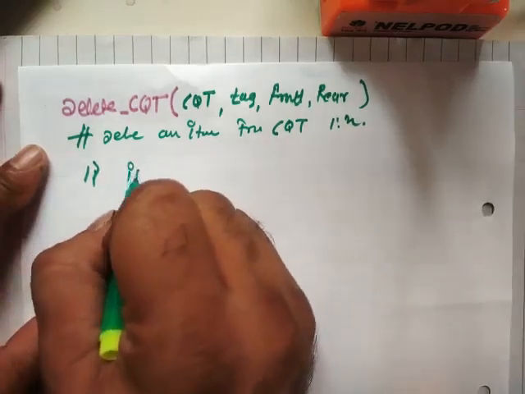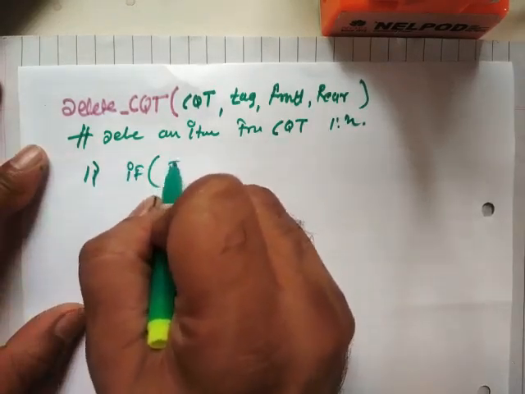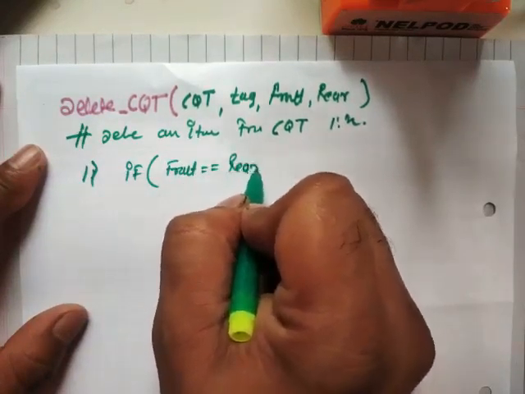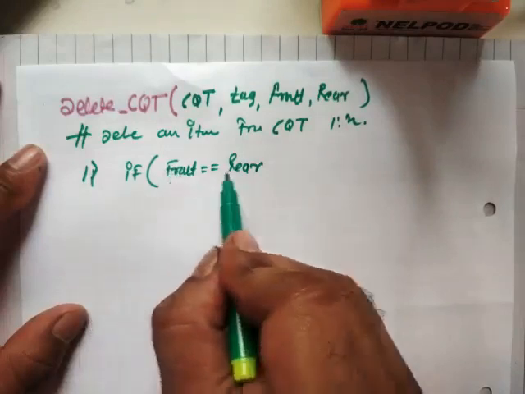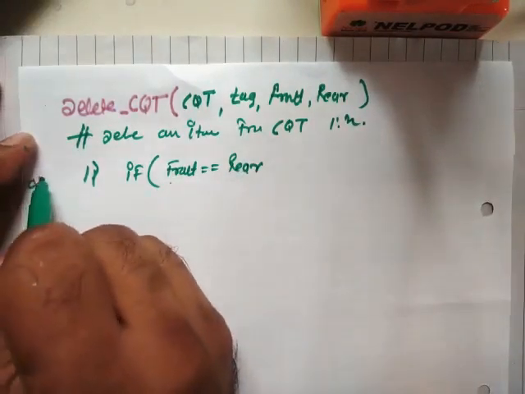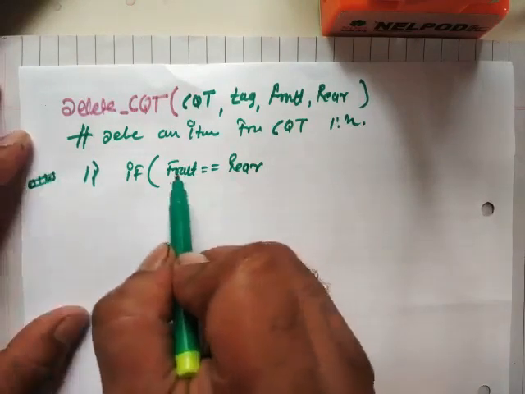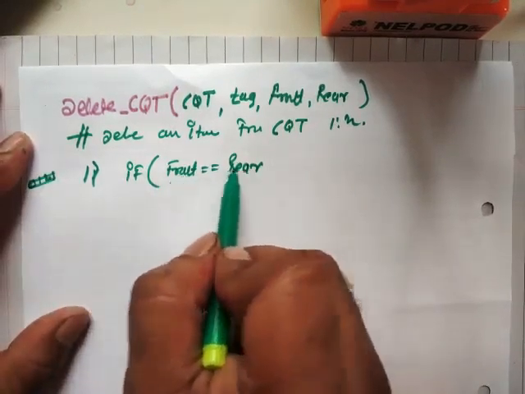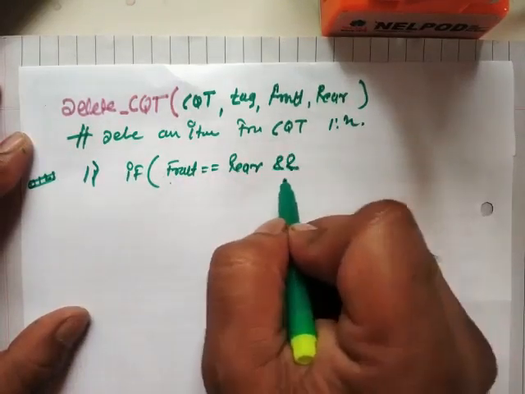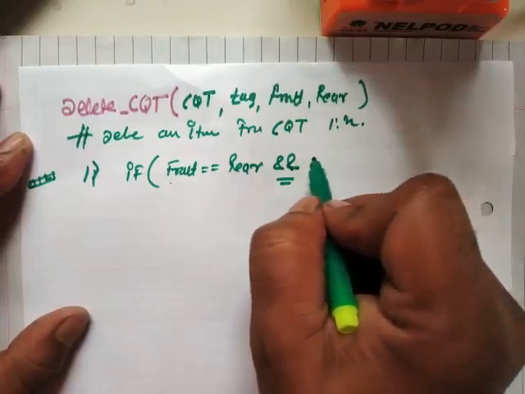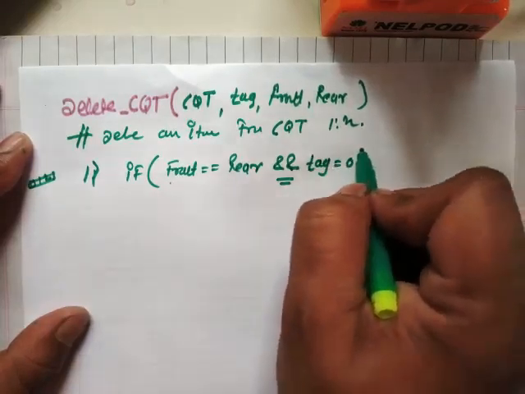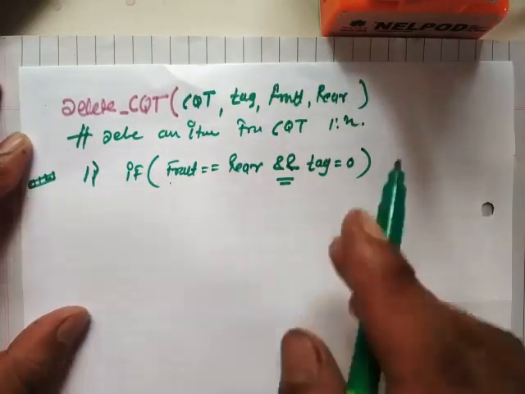So what I am going to check: front is equal to rear. If front and rear both are pointing to the same position, whether it is 0, 1, 2, 3, whatever, the same index location, and this is the most important part, and tag value is 0. Tag is not pointing, it is a flag value.